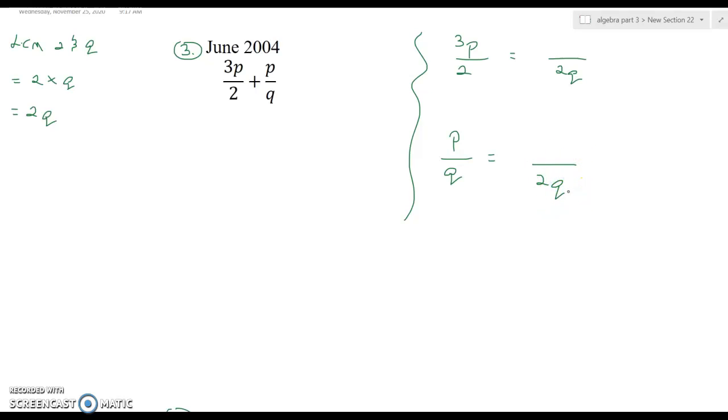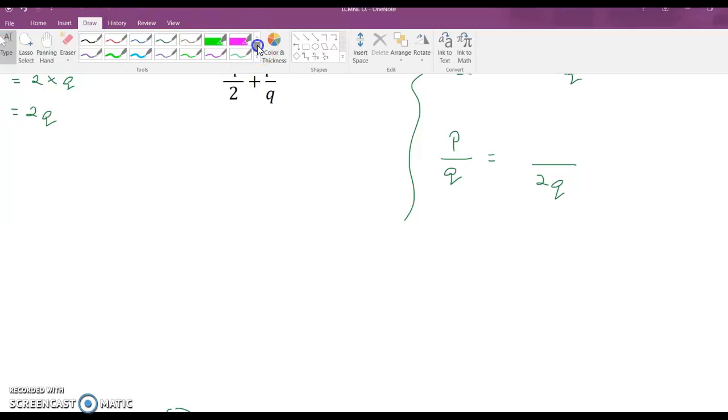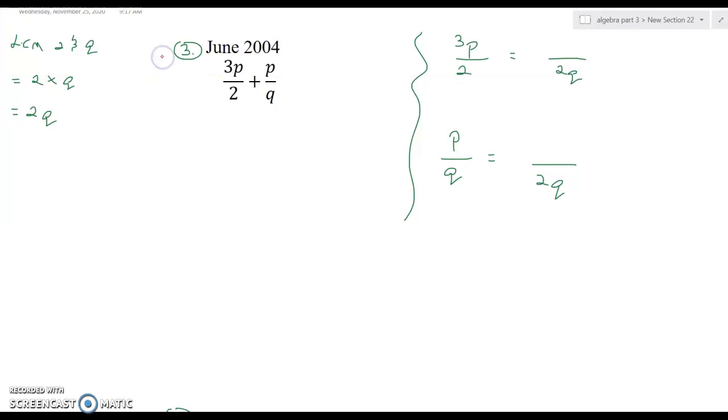And let's go ahead and tackle that piece. I really urge you all to do that separately, especially for these algebraic fractions, because I know sometimes it may get a little confusing, right? All right. So 2 times q will give me that 2q.